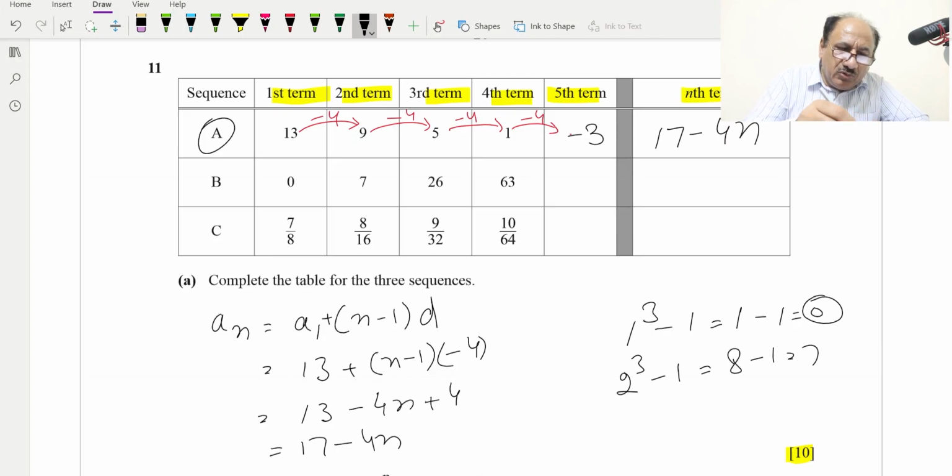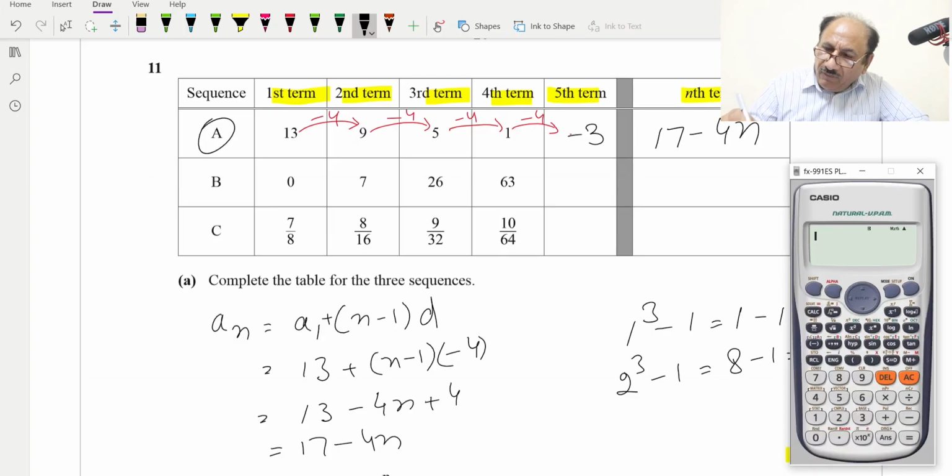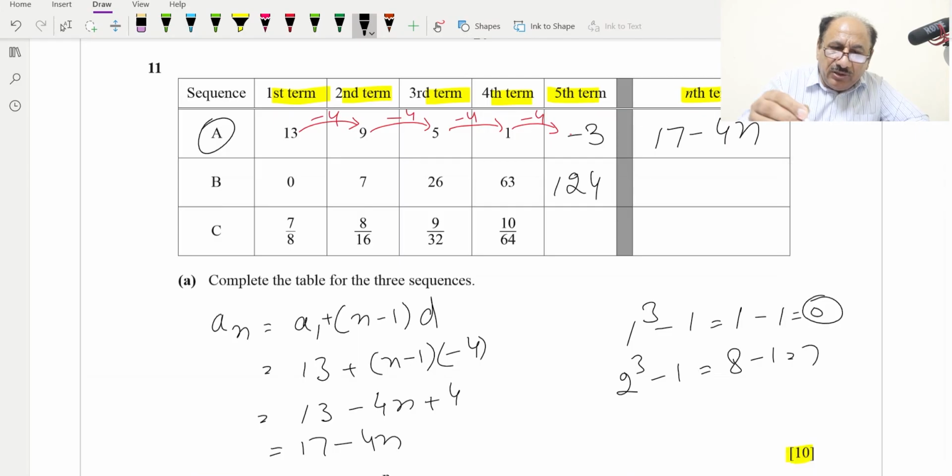This is 1 cube, 2 cube, 3 cube, 4 cube. This will be 5 cube minus 1. Now 5 cube will be what? 5 raised to the power 3 and minus 1 will be equal to 124. So this will be 124, and we will write here n cube minus 1. This will be the nth term for this.